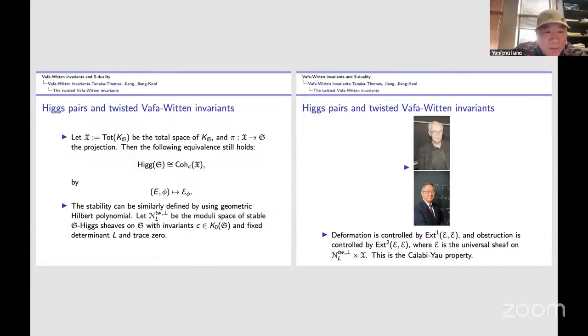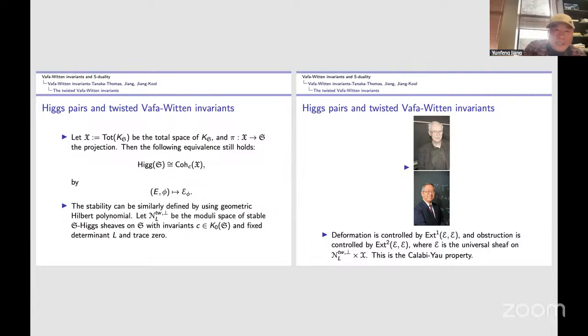This is the same as in the curve case. For example, if your S is a curve, then this is the same as the Higgs bundle that people, I think Marina, work on. In the surface case, you can still use the cotangent bundle. Remember, in the curve case the cotangent bundle is the same as the canonical line bundle, but in the surface case, no.